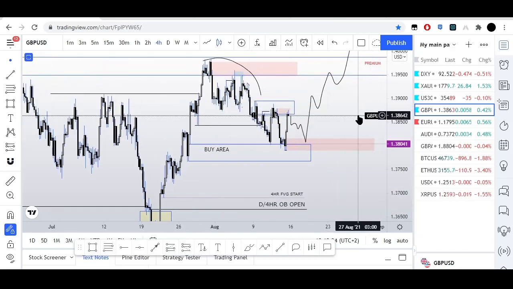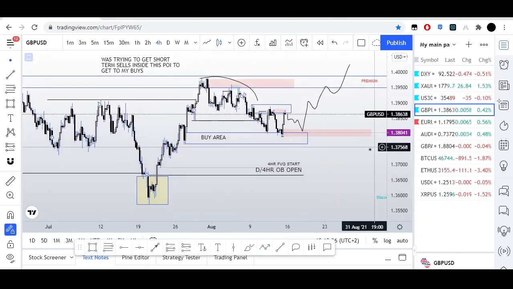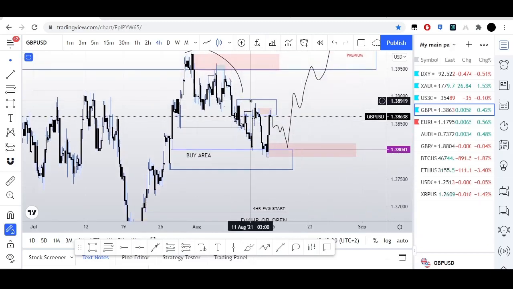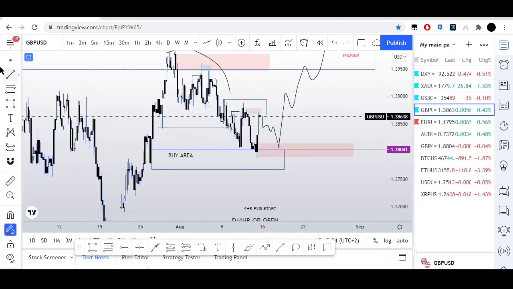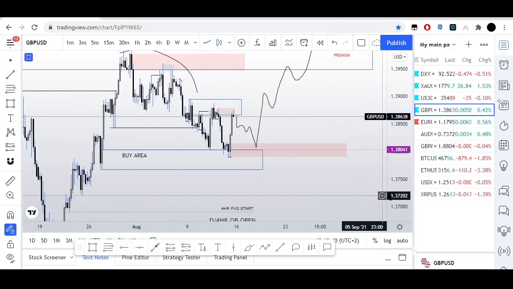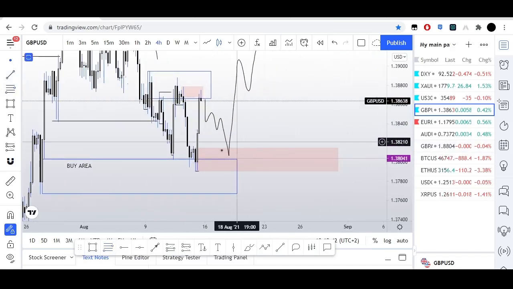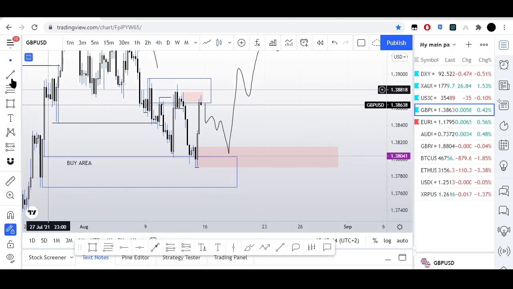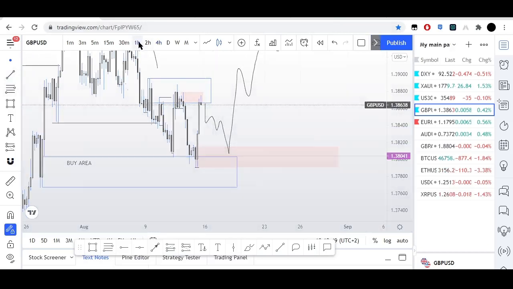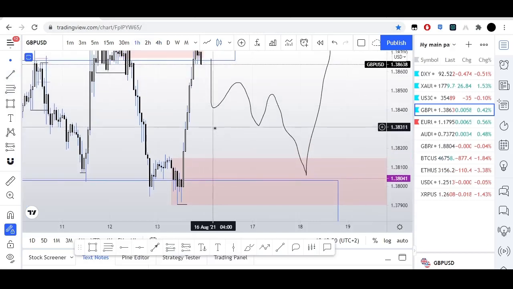Now, what I'm expecting this week is that if it breaks this high, that's fine, and then I'll look for areas of discount inside of this range right here, from this low to whatever high, if it breaks this. Even if it doesn't break it, I can still look for buys inside of here if it comes back down into here, because this is an area to sell at.